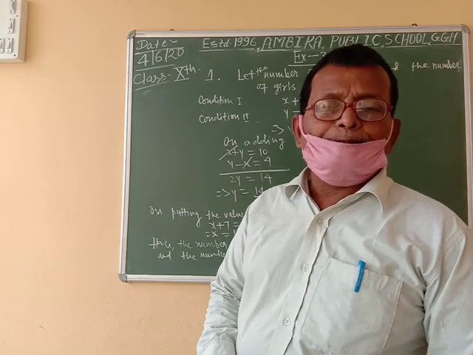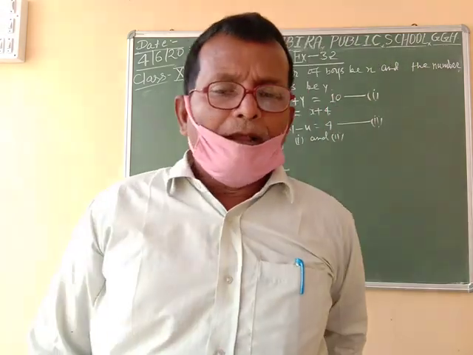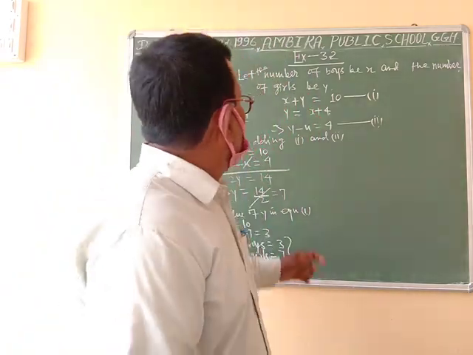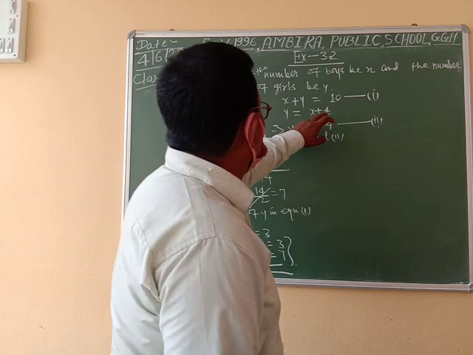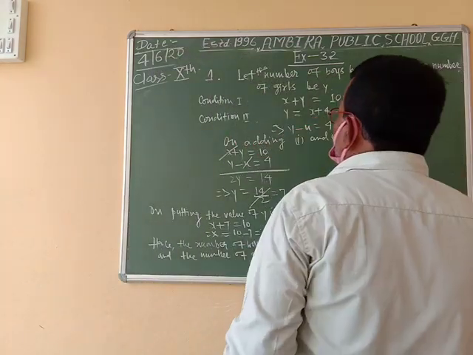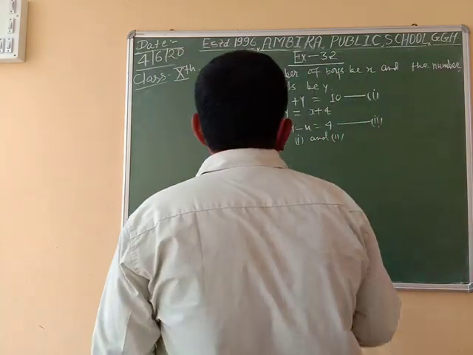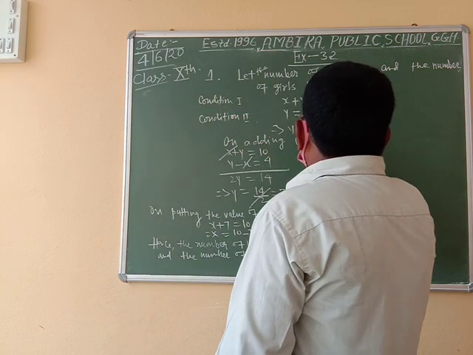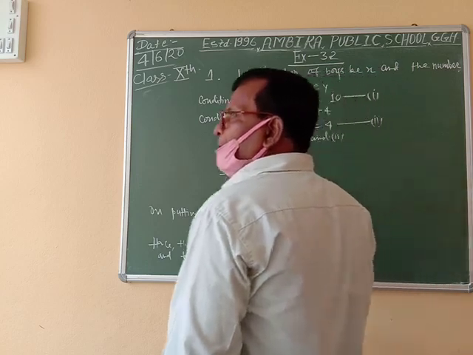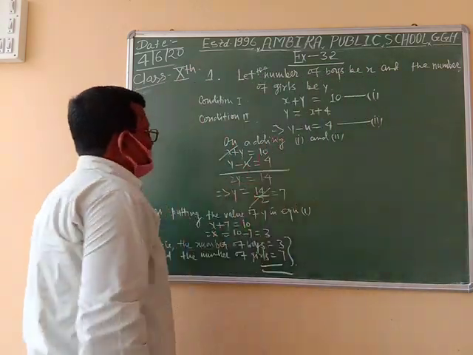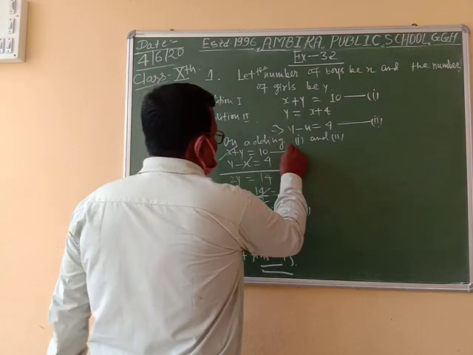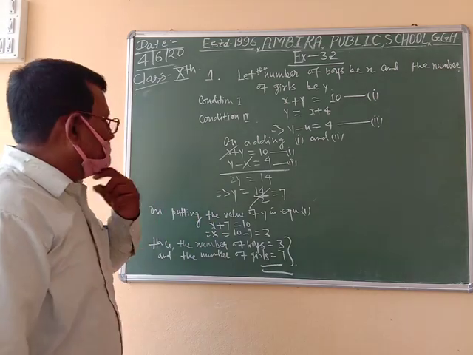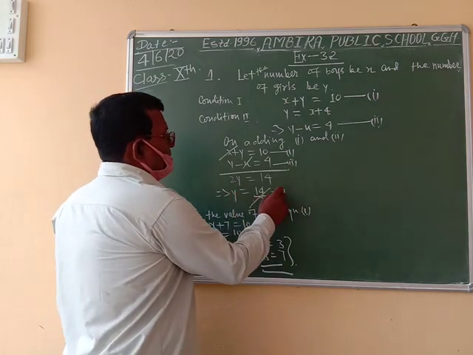So we can write y is equal to x plus 4, because the number of girls is 4 more than the number of boys, and by transposition y minus x is equal to 4. Now adding 1 and 2: x plus y is equal to 10 and y minus x is equal to 4, we get y is equal to 7.